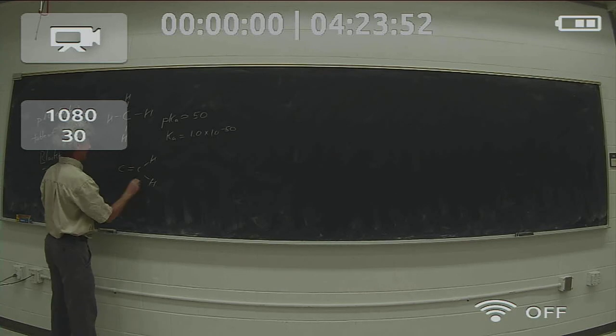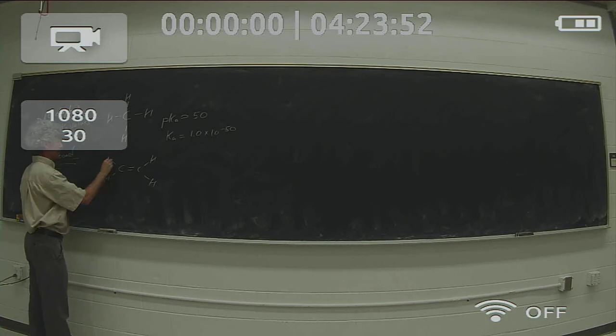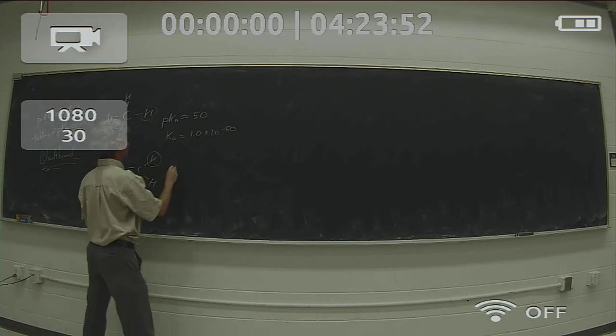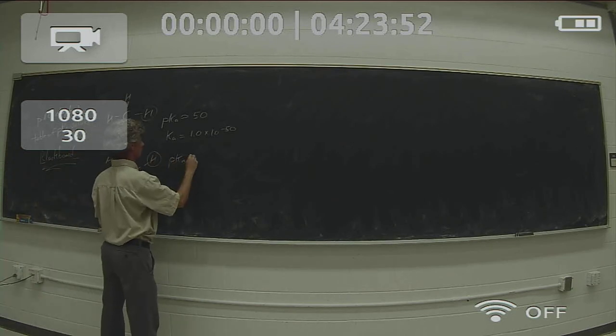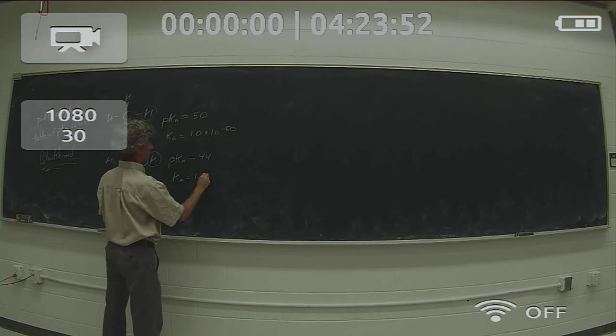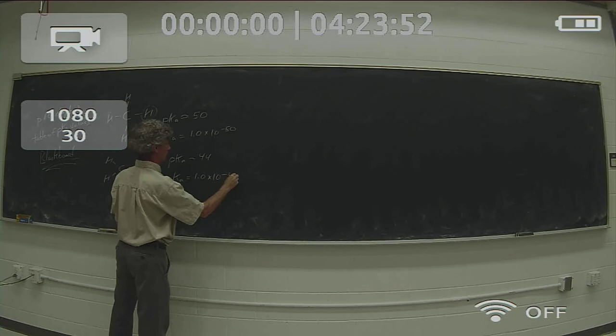The pKa of a hydrogen attached to an alkene is about 6 orders of magnitude greater, so that pKa is around 44, or Ka of 1 times 10 to the minus 44.